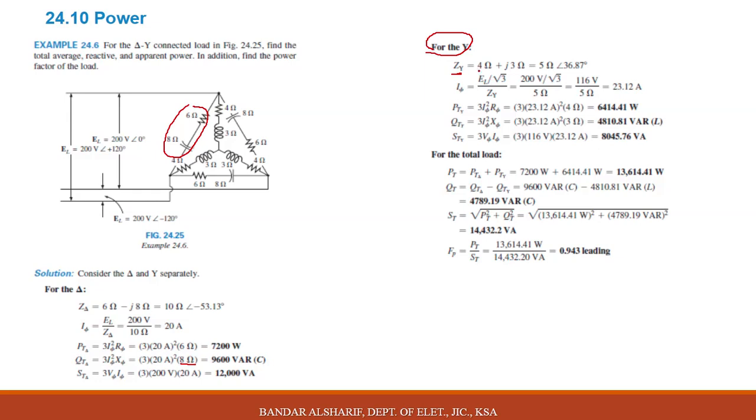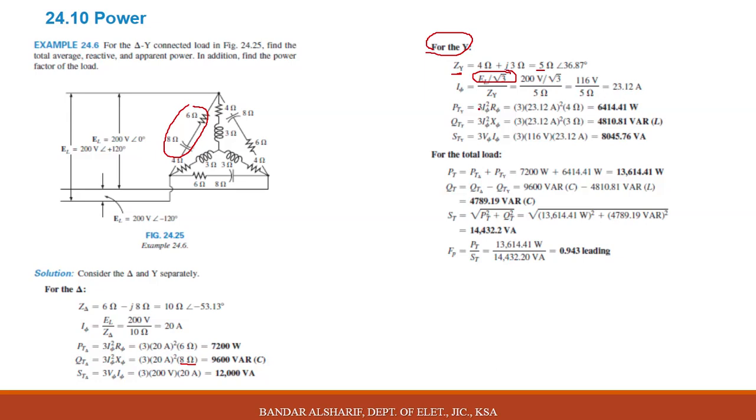Here the line voltage does not equal the phase voltage, and we said our calculation for the I phase must be applied by V phase, which is E L divided by root 3. This value will be the phase voltage, divided by Z Y, which is 5. The magnitude is 5. 200 divided by root 3, divided by 5, you will get 23.12.